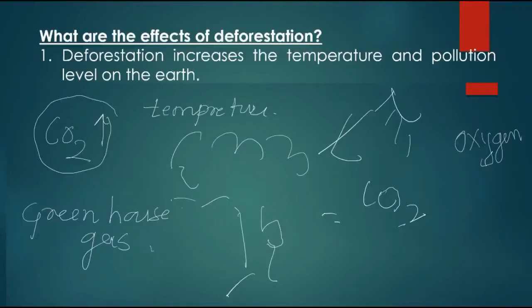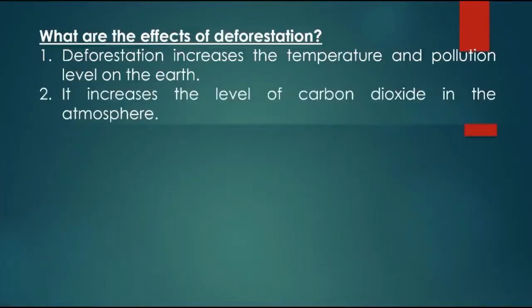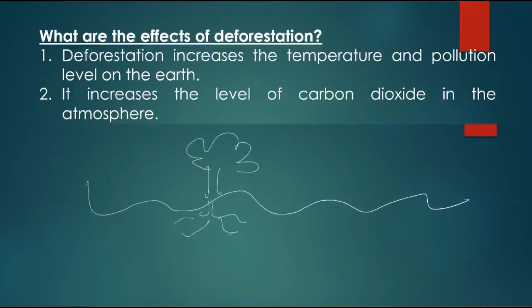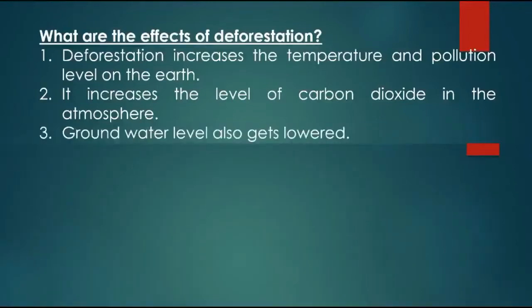So that is why deforestation leads to high temperature, and the pollution level on the earth will increase because of the carbon dioxide itself. And that is what the second point is. Groundwater level will also be lowered because of the deforestation, because the roots which are there underground will hold the water. So the third point is groundwater level also gets lowered.